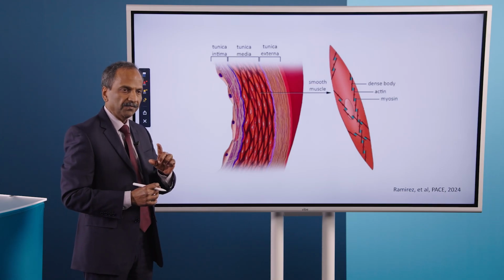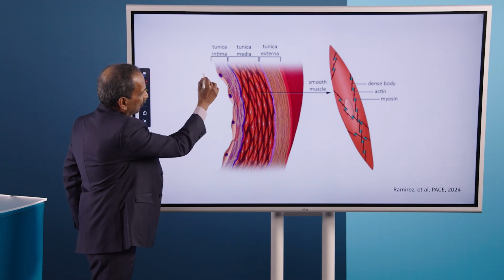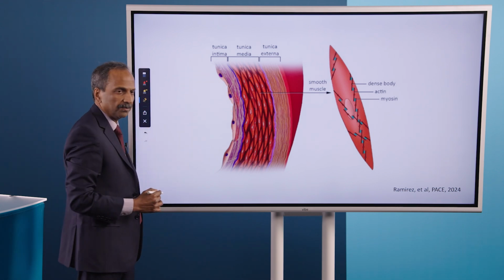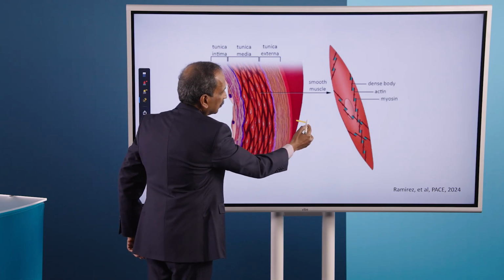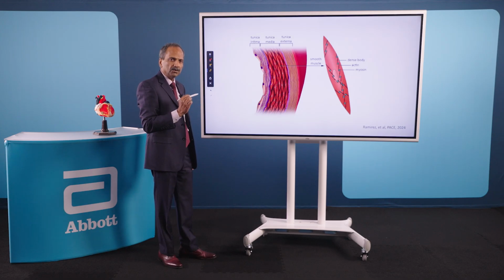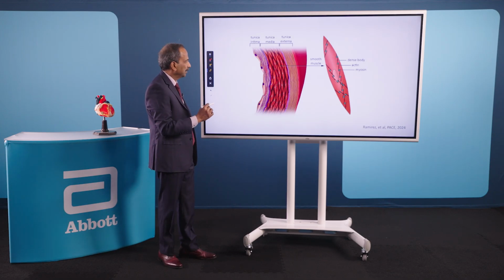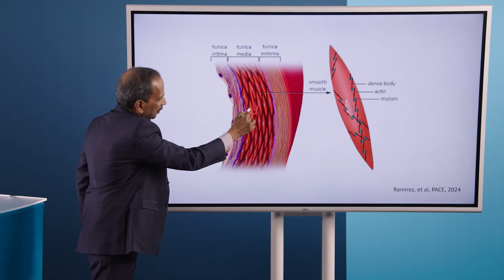Like the pulmonary vein, there is a zone of endothelium and an adventitia or external layers, but almost a hybrid type of middle layer, which is the tunica media.